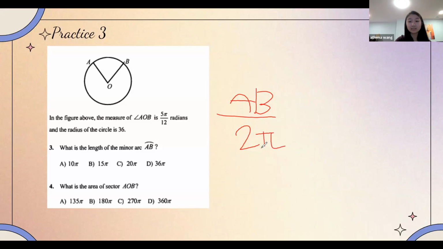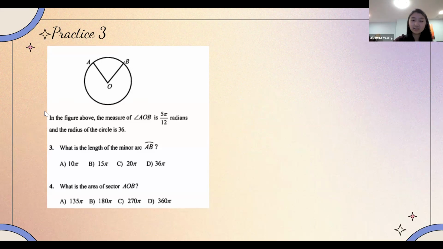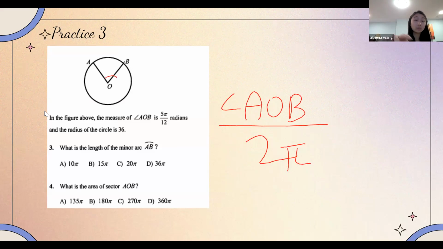is the same as our angle AOB over our total angle, which is going to be 2 pi.